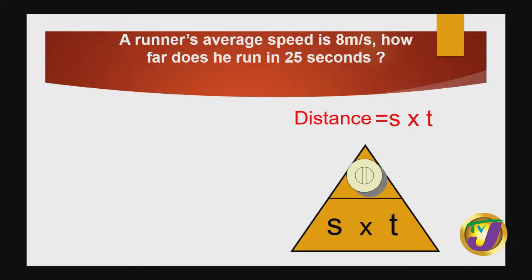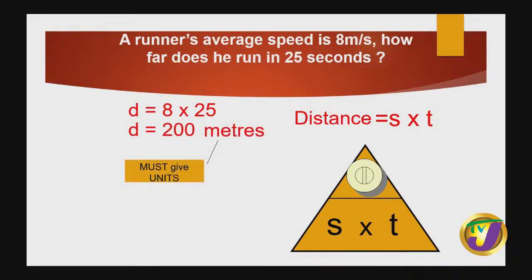In this case, the speed is 8 meters per second, and the time is 25 seconds. As we're seeing on our triangle, we're supposed to be multiplying these two quantities, which would give us a distance of 200 meters. All right, so remember our units.